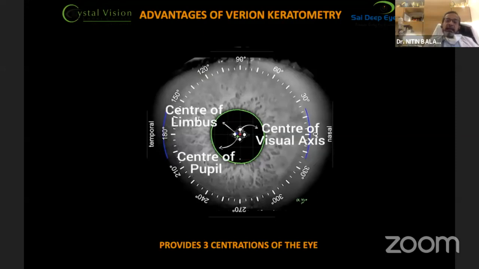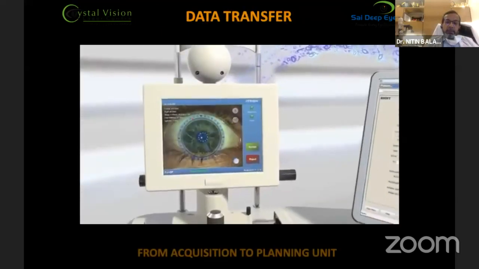The other advantage is that this marks out not only the center of the limbus, but also all the three centers. That means the center of the limbus, the center of the pupil, and the visual center.